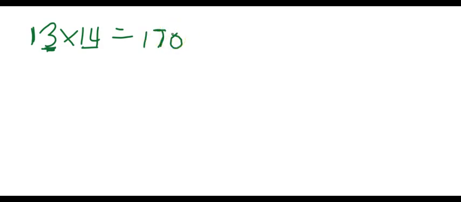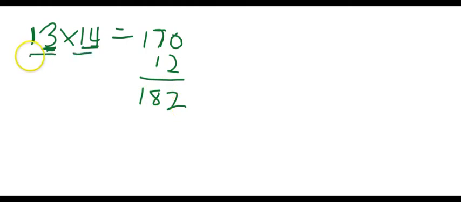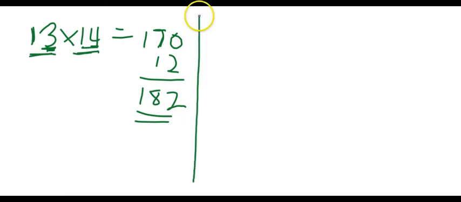So when I have 170, then I have the units of both sides, that is 3 and 4. I'll multiply 3 times 4, which will give me 12, and add to the 170. So I'll add 12 to the 170, and I'll get 182. And so 14 times 13, or 13 times 14, is equal to 182. It's very simple. Let's try another one.